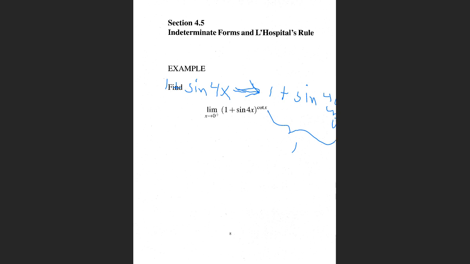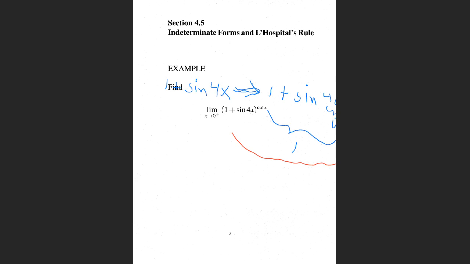Now let's talk about the cotangent of x. Let me separate this out here. Cotangent of x is the cosine of x over the sine of x, right?